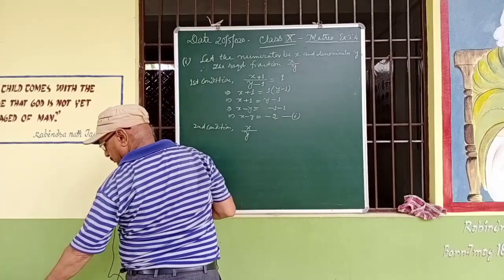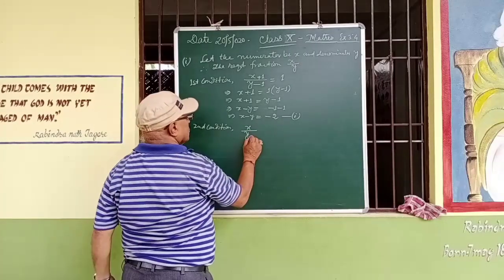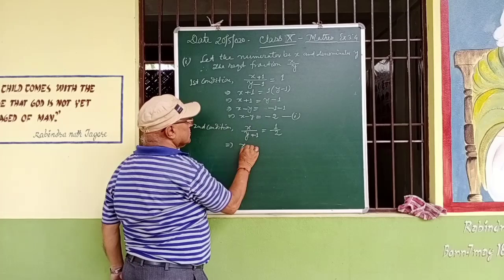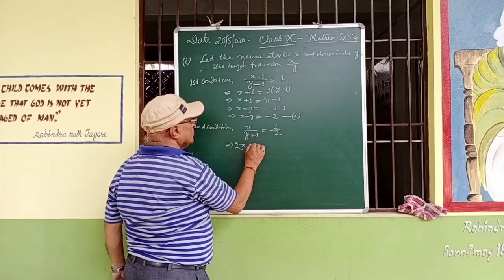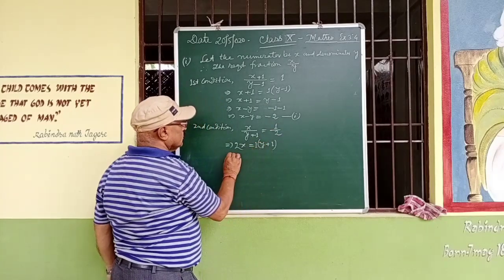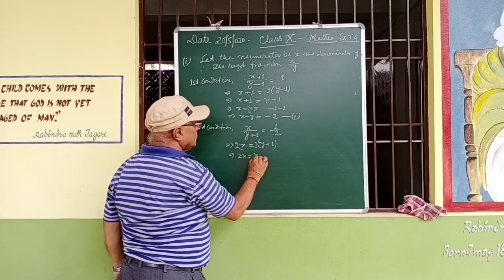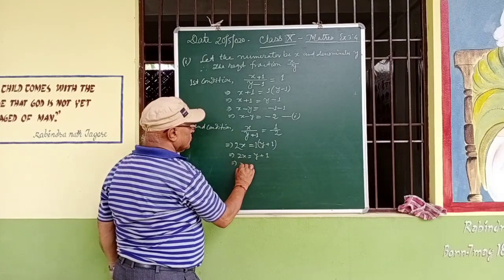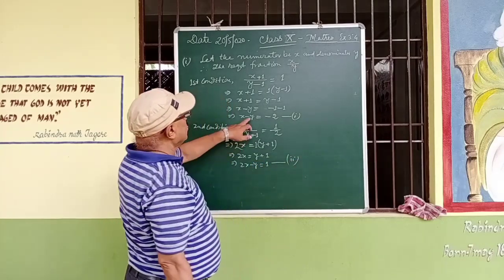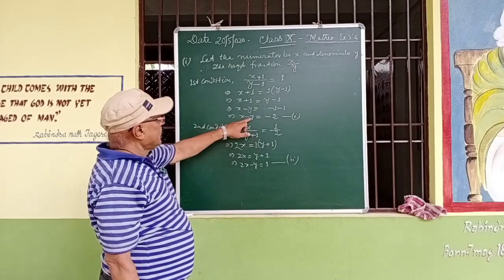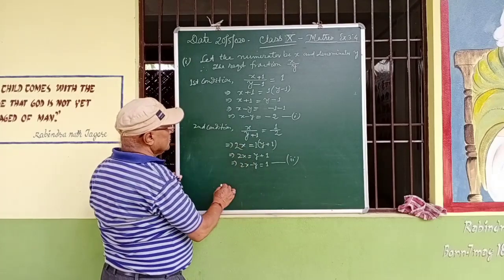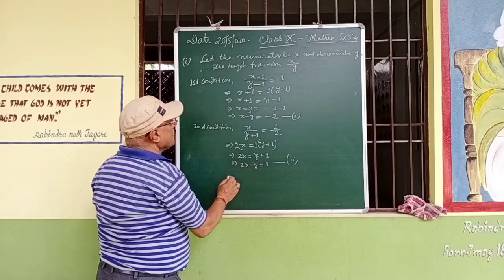If we add 1 to the denominator, then it will become 2, or 2 into x is equal to y plus 1 into 1, or 2x is equal to y plus 1, or 2x minus y is equal to 1. It is equation number 2. In 1, the coefficient of y is 1, and here also the coefficient of y is 1. So no need to multiply, we just subtract because both have the same sign.